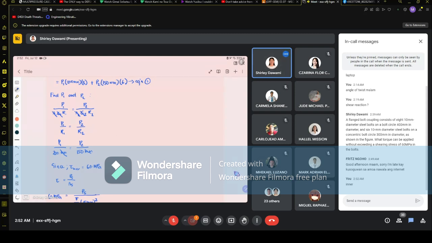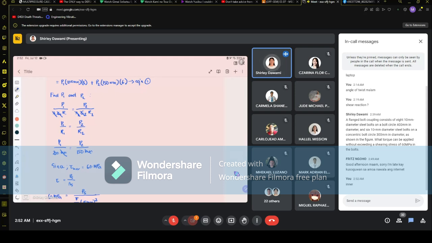The inner? The bigger shearing force is the one on the outer. Imagine there are two bolt circles. The first to receive the torque is the outer bolt circle.